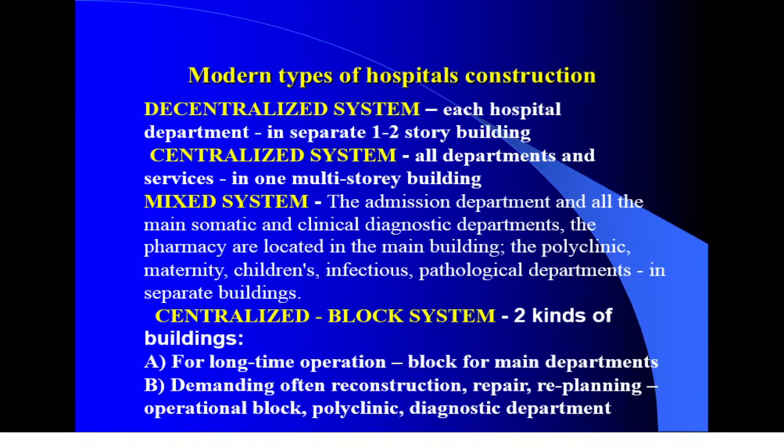Infectious and radiological departments, as well as support services, are taken out to separate buildings. So the last type of construction, the most modern type, is the centralized block system, or just block system. It's the same, centralized block or block system.